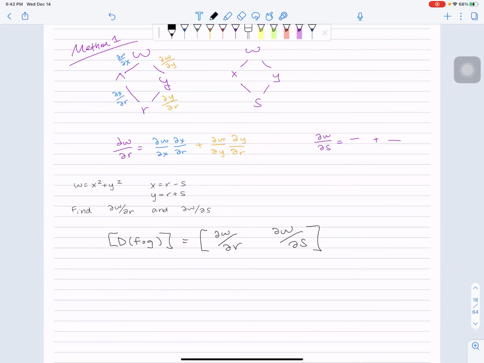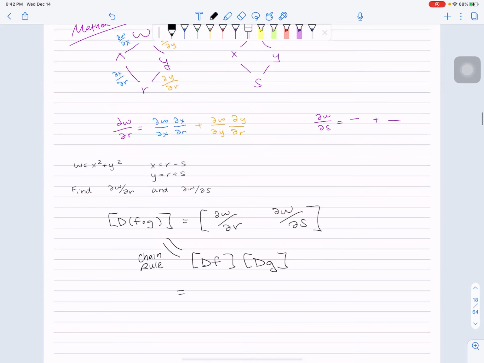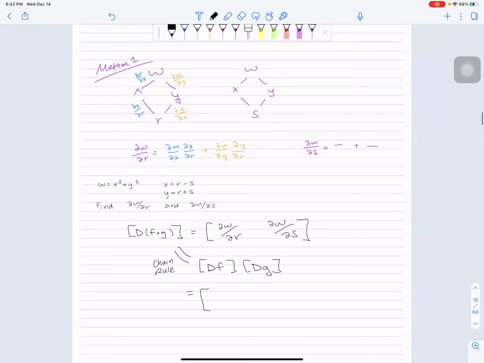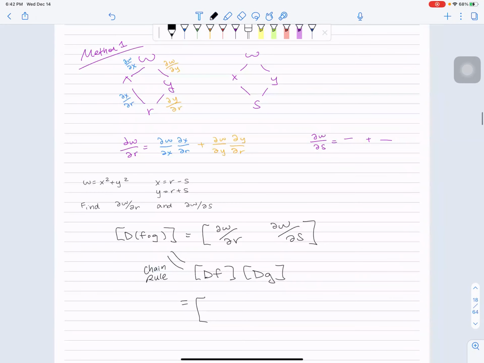So how do we do this using the chain rule? This derivative matrix is df times dg by the chain rule. What is df? Let me write it in terms of partials. F is our outermost function, so w is our output, and x and y are inputs.